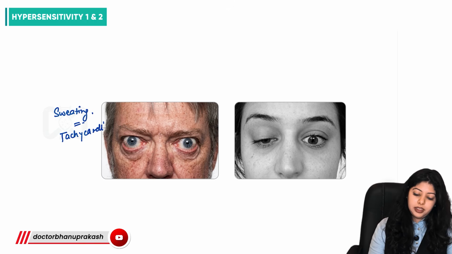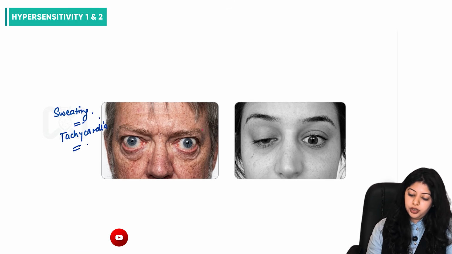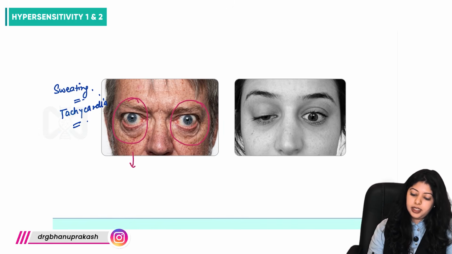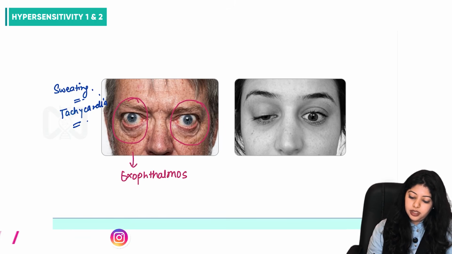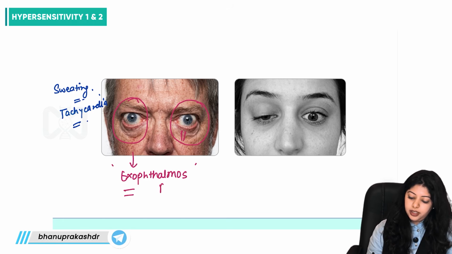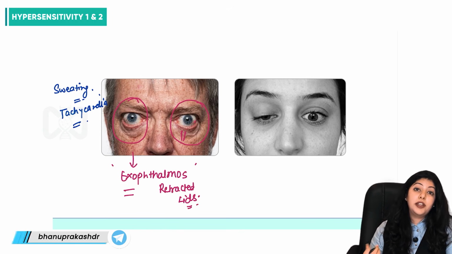And this classical picture of Graves' disease is an image-based question which gets asked in your exam. It is the exophthalmos which occurs in Graves' disease, where the lids are retracted, and the conjunctiva and sclera are exposed, right?